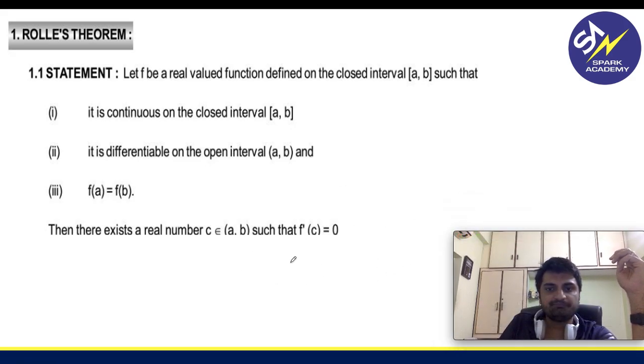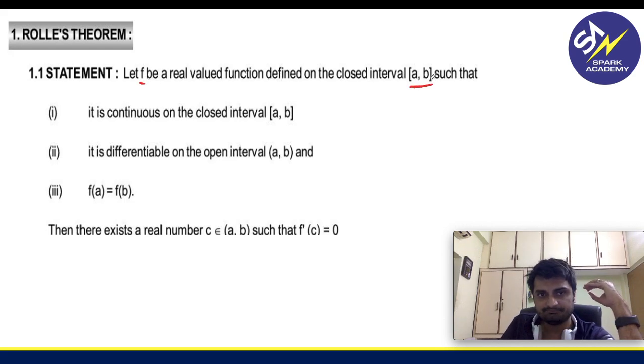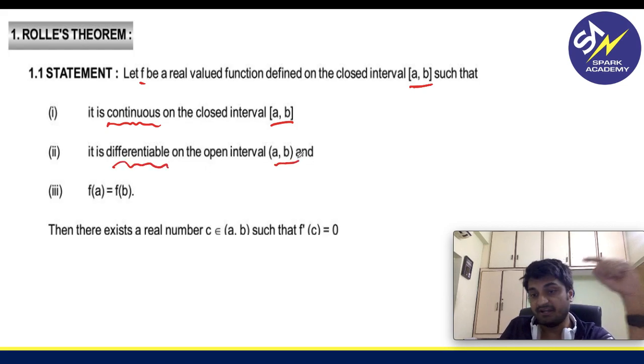Rolle's Theorem. So Rolle's Theorem states that if f is any function defined in the closed interval [a, b], then it is continuous on the closed interval [a, b], and if it is differentiable in open interval (a, b), continuous, differentiable, we learnt in continuity chapter.